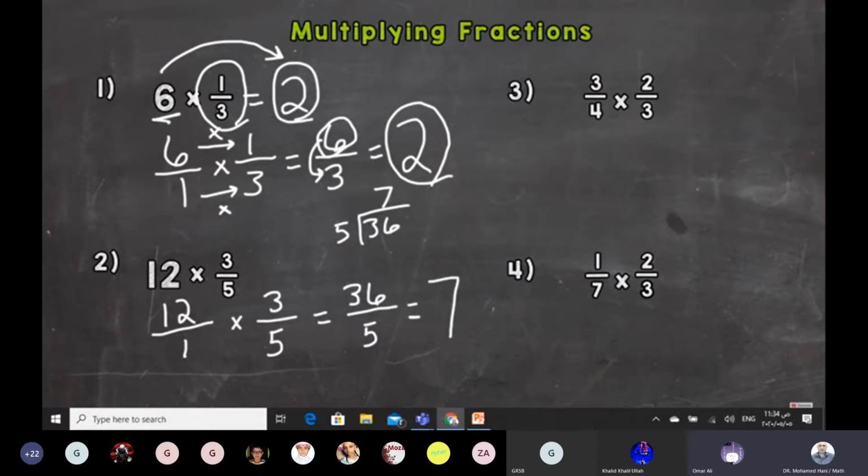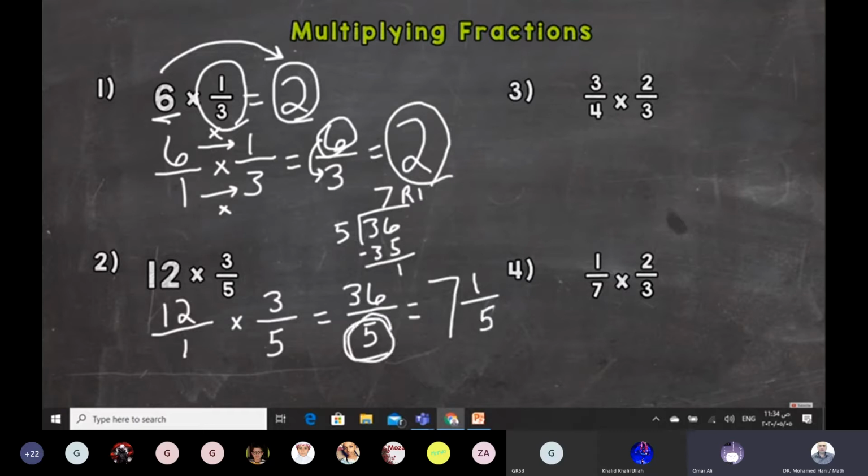But we didn't hit 36 exactly. We have a remainder, or something left over. So 7 times 5 is 35. Subtract to find out what the remainder is, and it's 1. So that 1 is going to be the numerator of our fractional part of this mixed number. A mixed number has a whole number and a fraction. So our remainder is the numerator, and we keep the denominator the same.